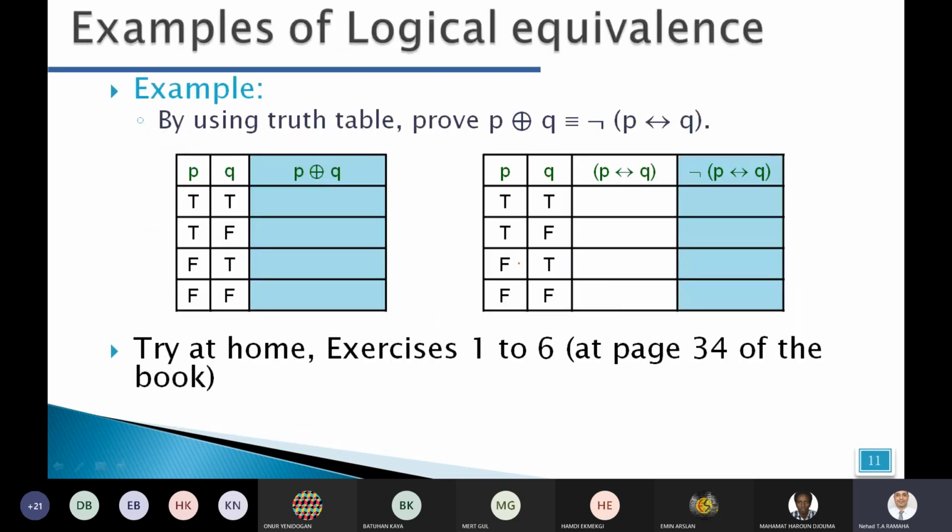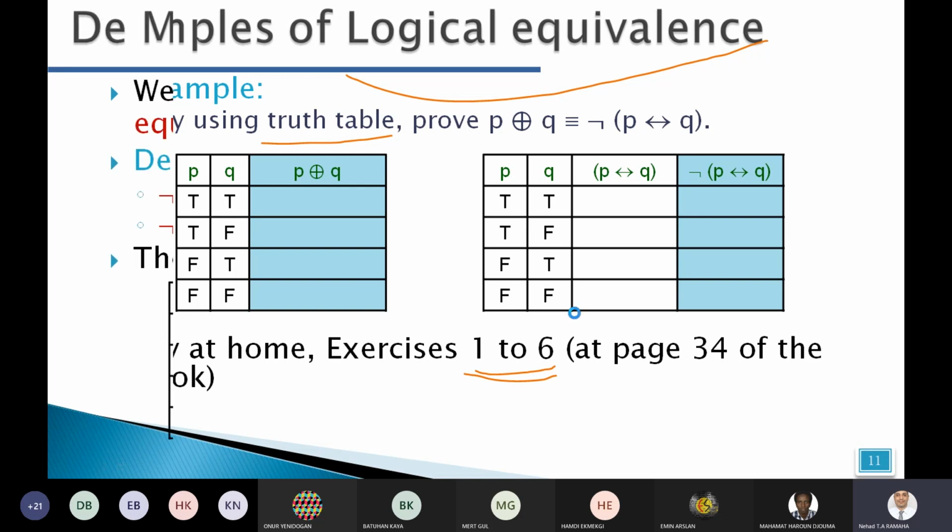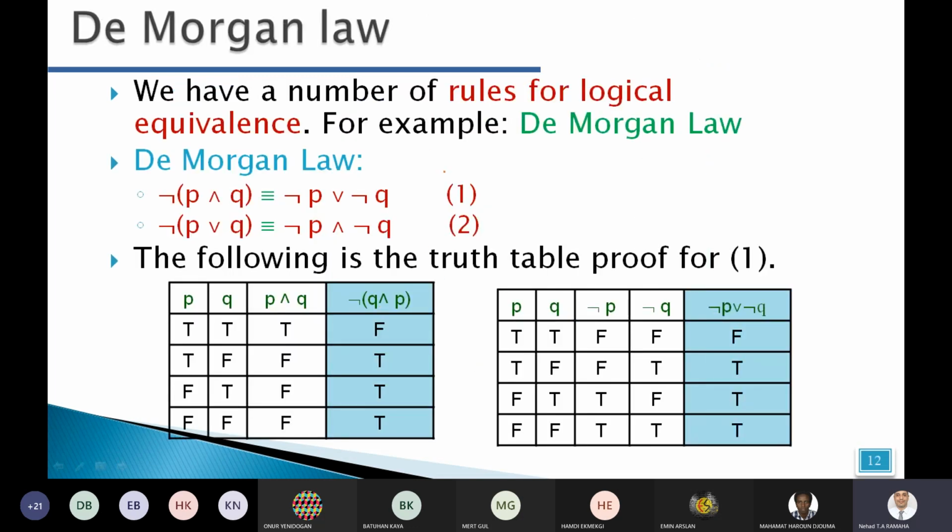After speaking about logical equivalence, and we use the truth table to prove this logical equivalence, and I gave you some exercises from our book to solve, we continue today with some laws or rules for logical equivalence. We have a number of rules for logical equivalence.